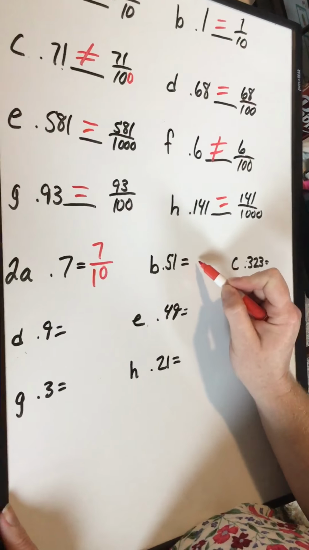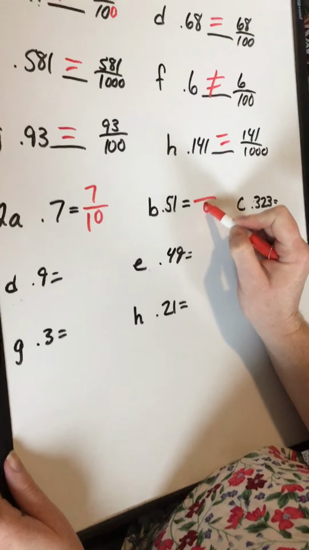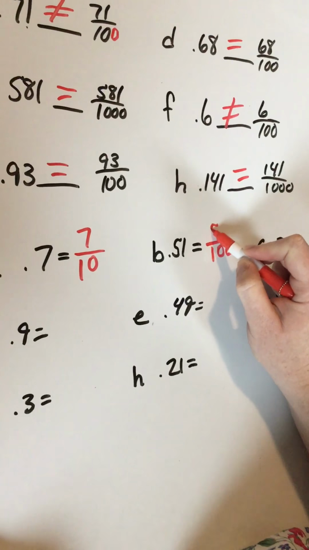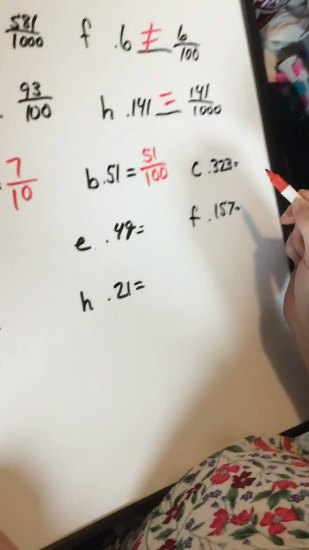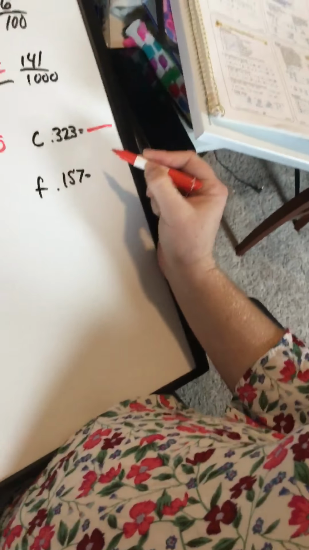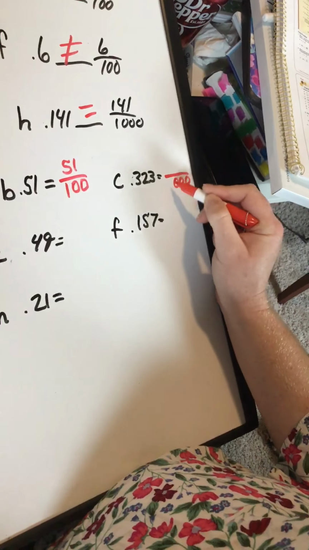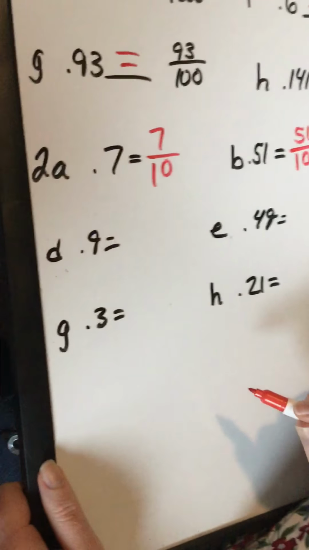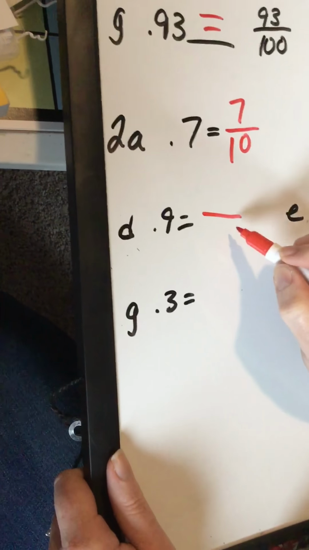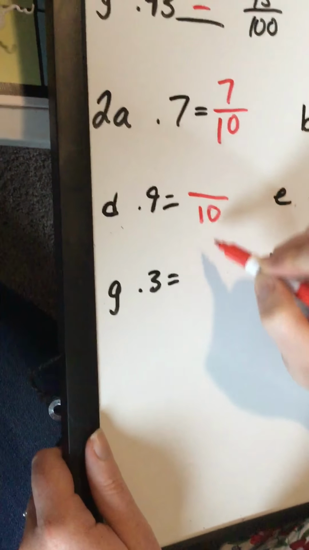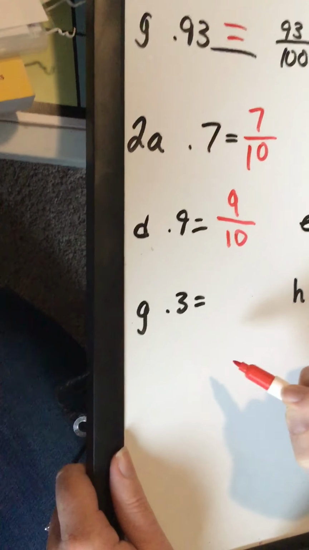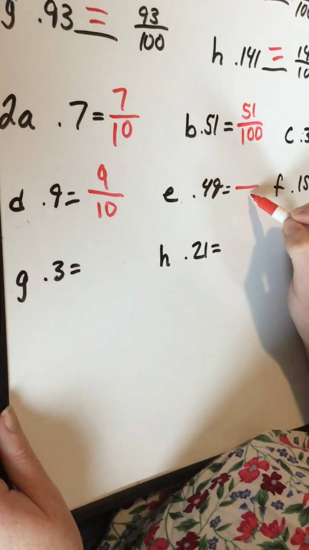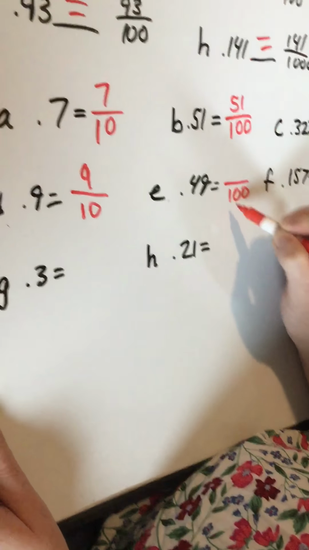Okay, so we have 2 numbers here. So this means we need to have 2 zeros, add our 1, and then we just put our original number on top. We have 3 numbers, add our 3 zeros, then our 1, and write the original number. We have one number, so we do 1 zero, add a 1, and then put our 9 on top. 2 numbers, 2 zeros, a 1.